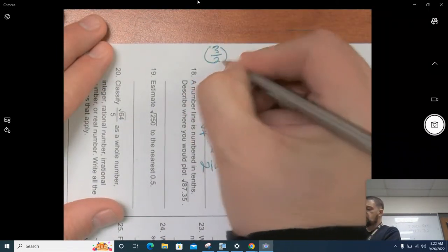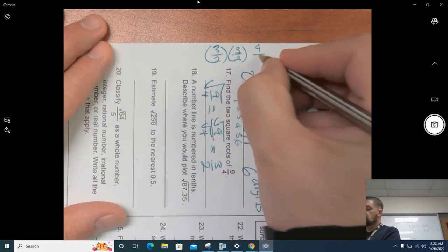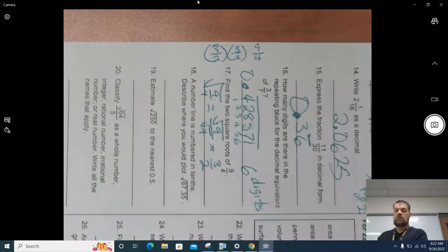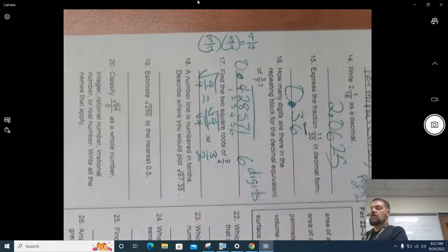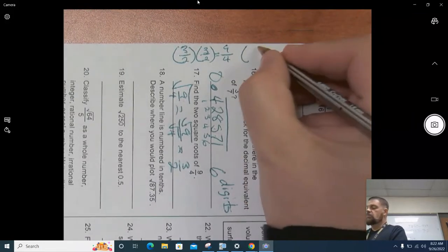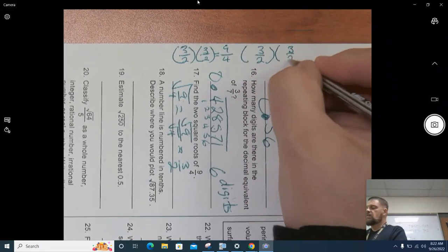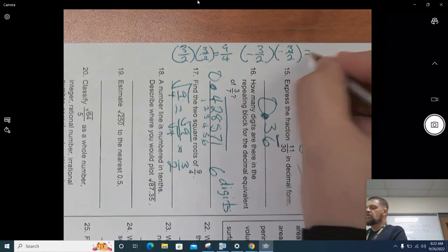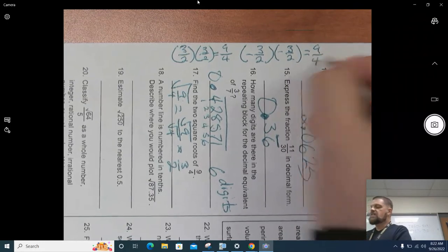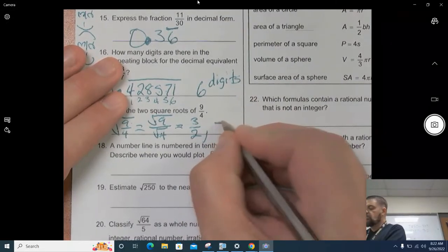We're looking for numbers that when you multiply them by themselves, you get 9 over 4. 3 times 3 is 9. 2 times 2 is 4. Right? What about negative 3 times negative 3? What would that equal? Positive, yeah. So we're half right. It's 3 over 2 and then negative 3 over 2.